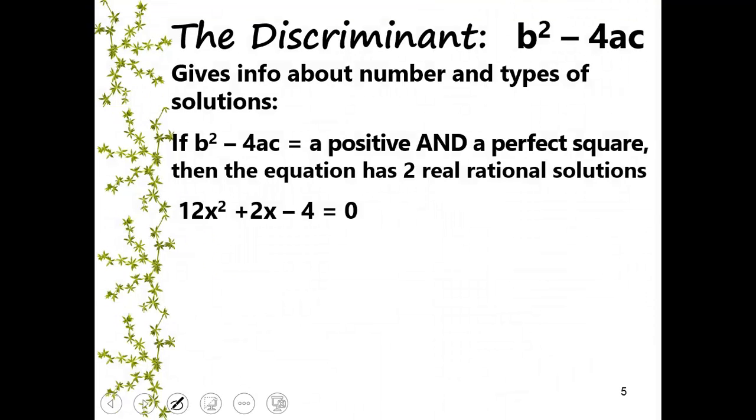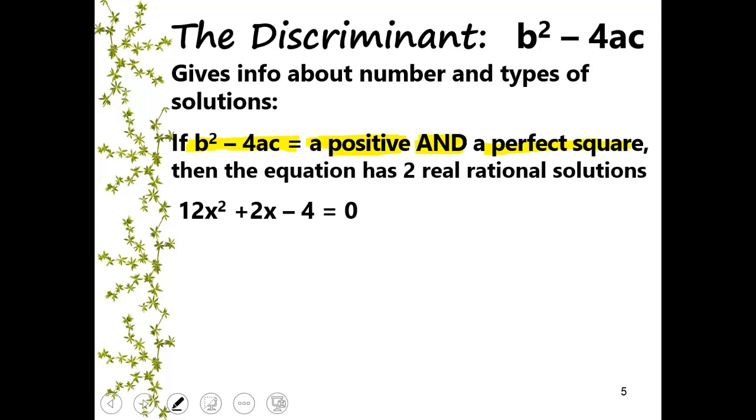Again, I'm looking at the discriminant, and if I come up with a situation where my b squared minus 4ac is positive, bigger than 0, and a perfect square, so think of your perfect squares: 1, 4, 9, 16, 25, 36, 49, 64, 81, 100, 121, 144, 169, 196, 225.